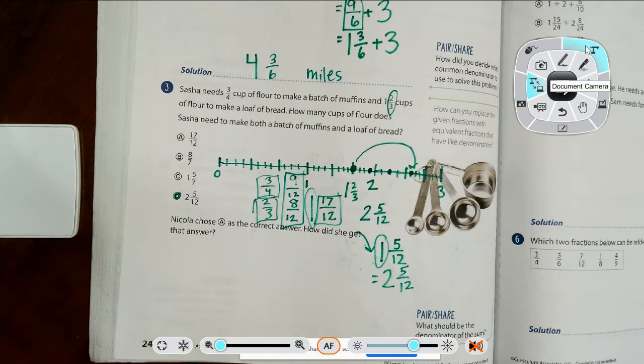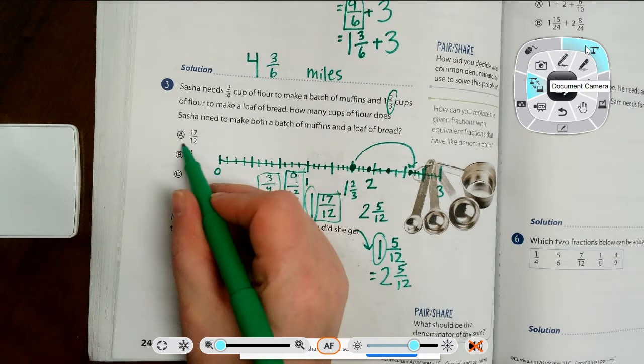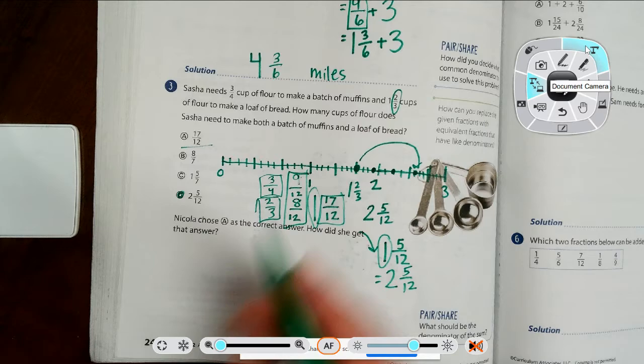It says Nicola chose A as the correct answer. She got 17 12ths, so she just got this. What did she do wrong? It looks like she just forgot 2 things.